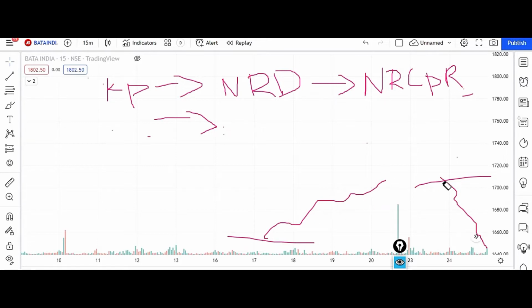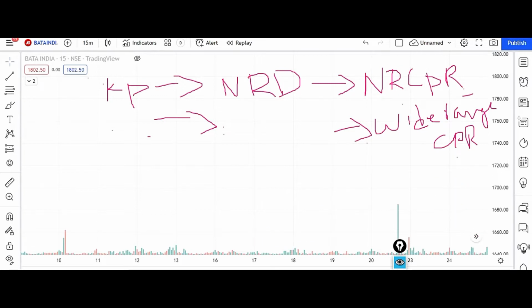It is just trending, bullish or bearish. So you will get a wide range CPR. A trending day will lead to a wide range CPR the next day.